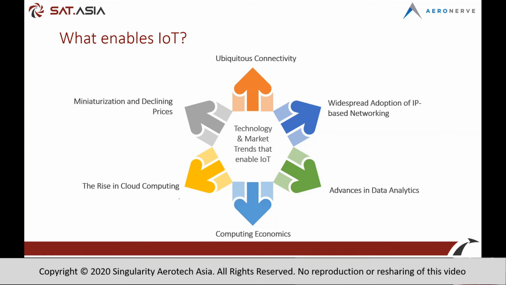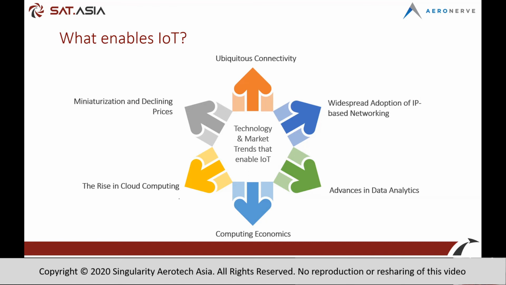A few years back, without a mobile phone or smartphone, the connectivity was limited. Now, everywhere we have direct connection to the internet. So when you have that connectivity, that enables IoT. You just extend the ubiquitous connectivity to things.